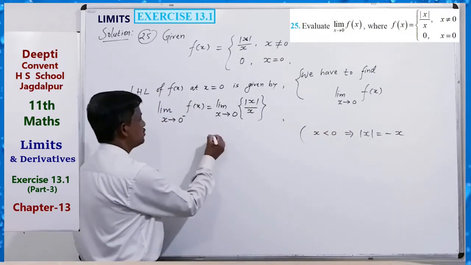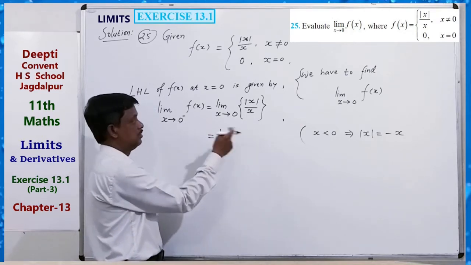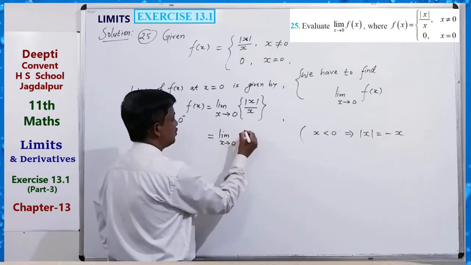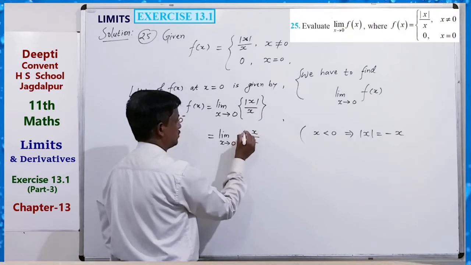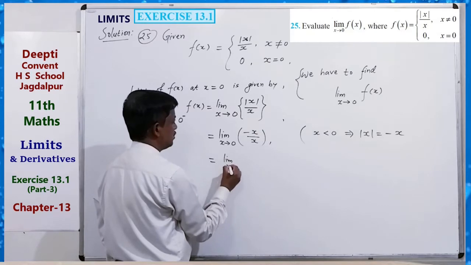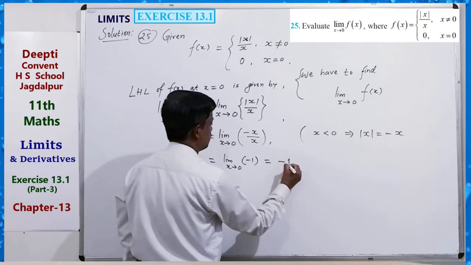In this case we use x from the left side, so negative. So the limit as x tends to 0 of mod x upon x equals minus x upon x, which equals the limit as x tends to 0 of minus 1, equals minus 1.